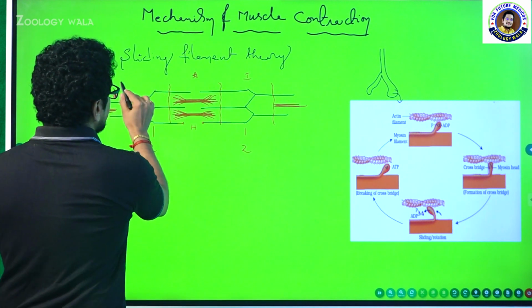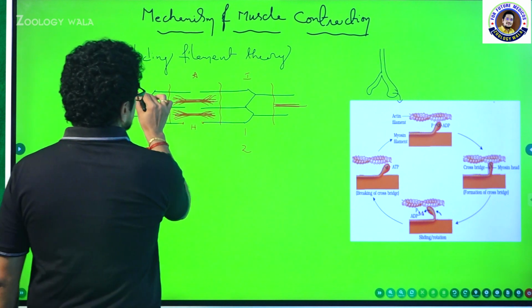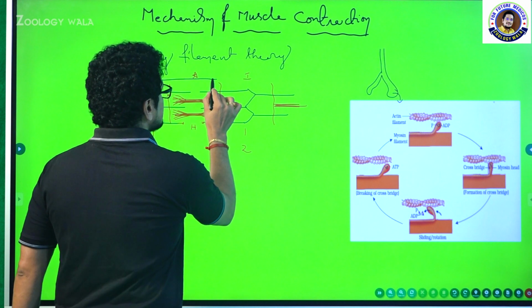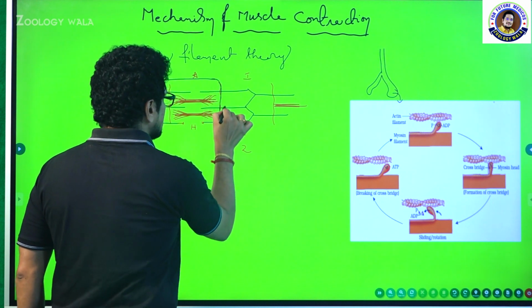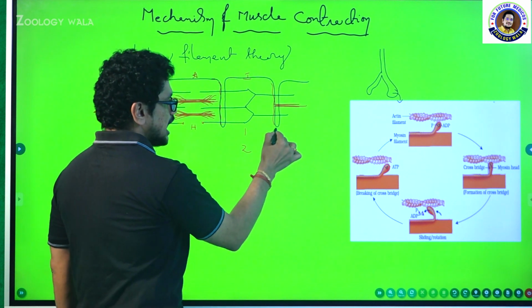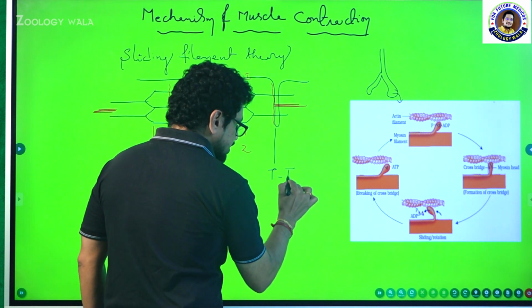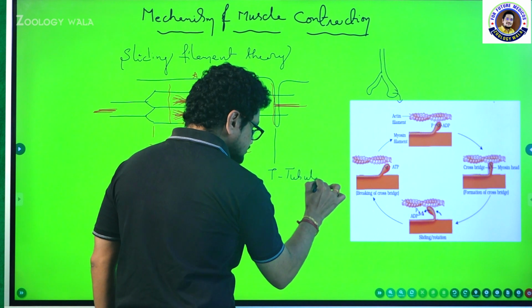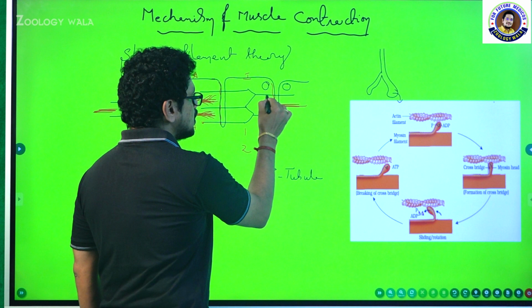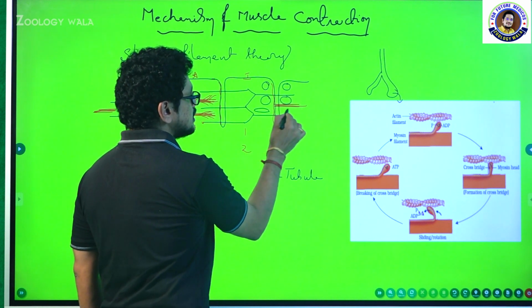If you observe the layer, sarcolemma is the layer, something like the plasma lemma. The sarcolemma shows inward folding like this, and these foldings are called T-tubules. T for transverse tubule, and on either side of the T-tubule, L-tubules, long tubules, are present.